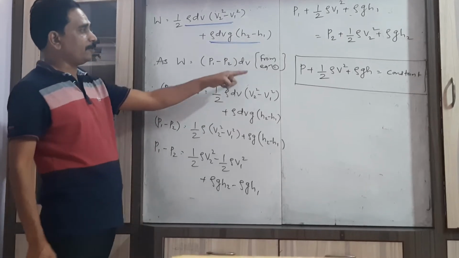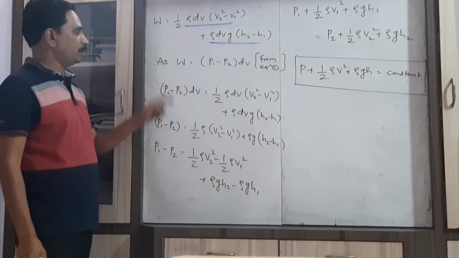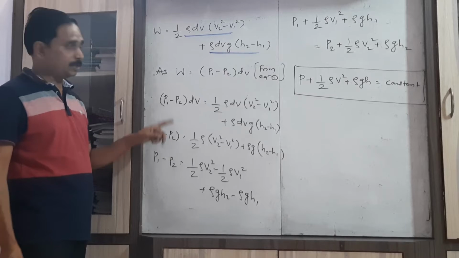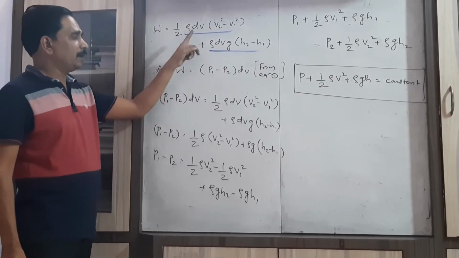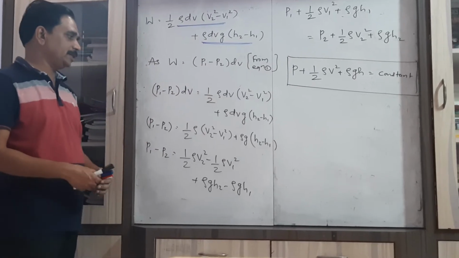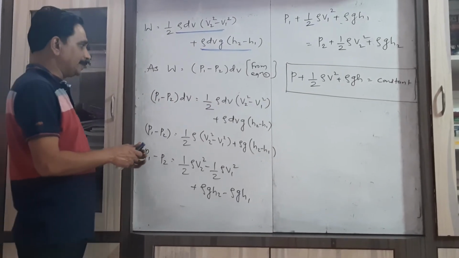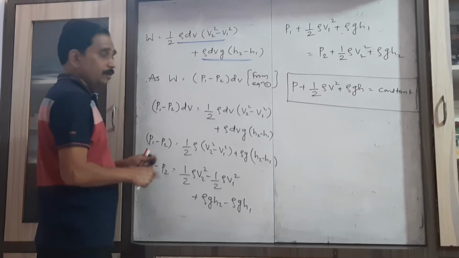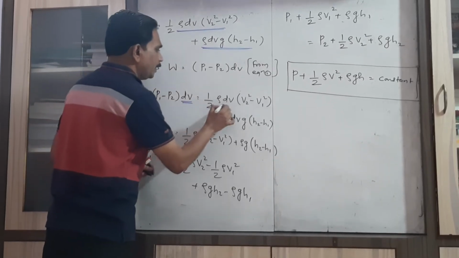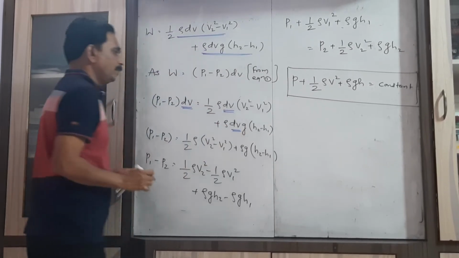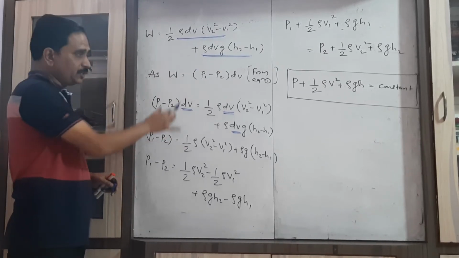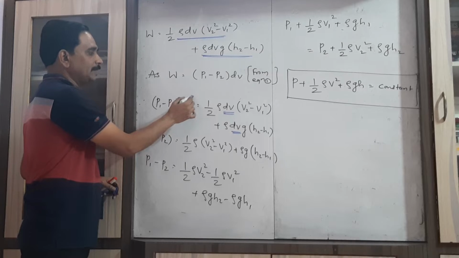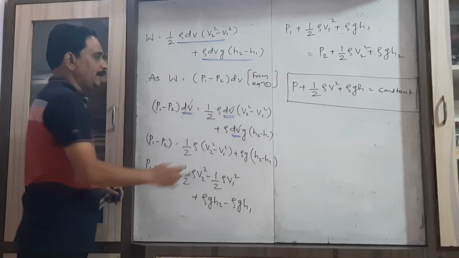So from equation 1 we have work done equal to change in pressure, that is P1 minus P2 into dV, equal to, write down these two values as they are. Now we can cancel this dV from every term of the equation, because the volume of fluid for every cross section is the same. That's why we cancel this dV, dV and dV.